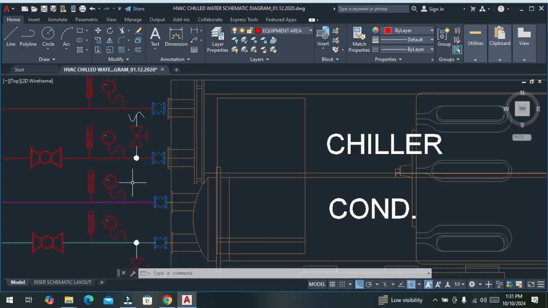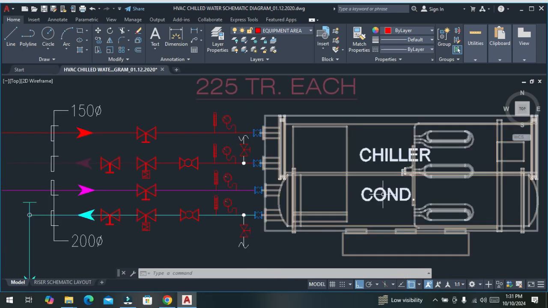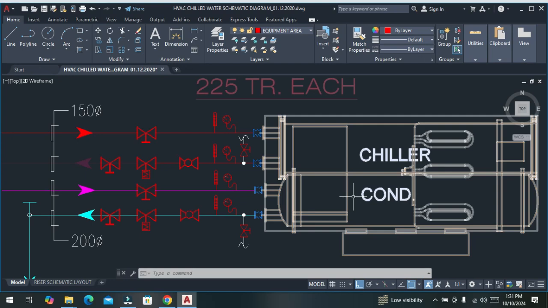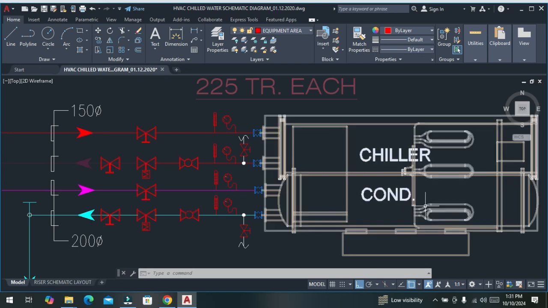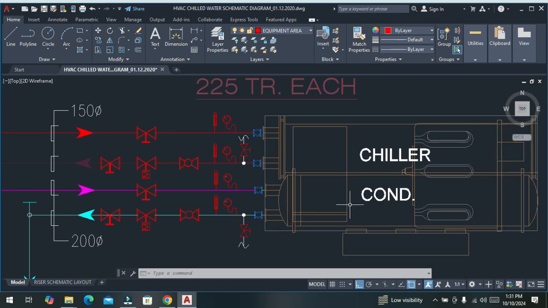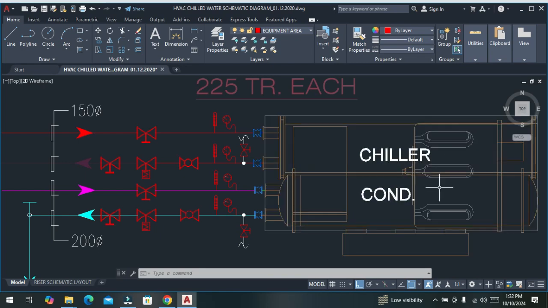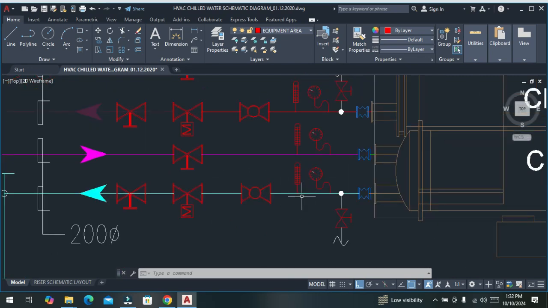Suppose this water temperature is 30 degrees Celsius. It will gain the heat from the heated refrigerant, and then at the outlet its temperature will rise to, let's say, 33 degrees Celsius.